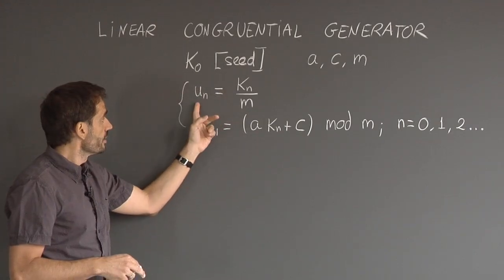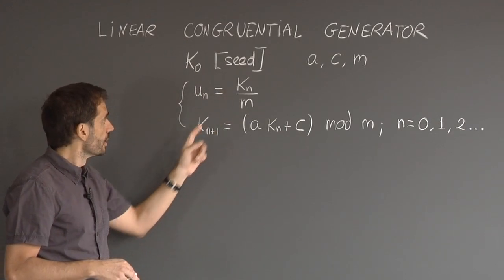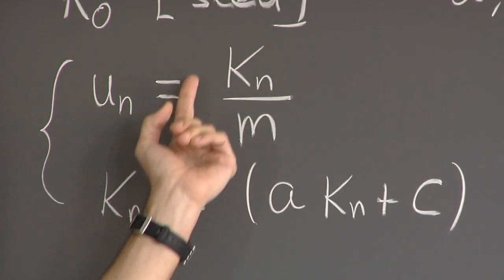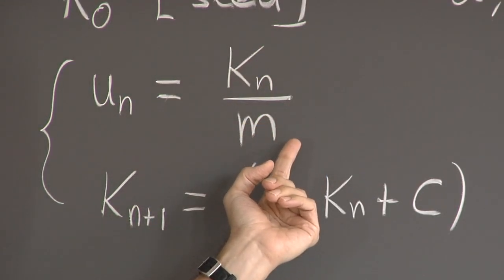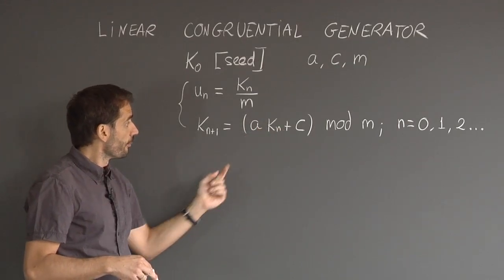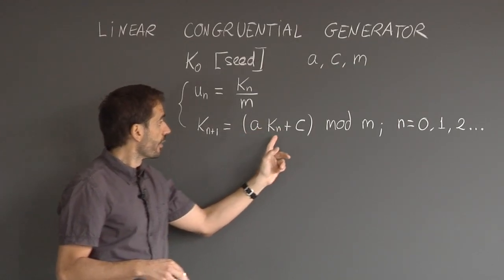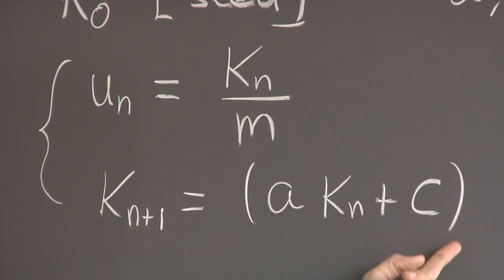The algorithm proceeds as follows. un is going to be a sample from a uniform 0-1 distribution. This is equal to kn over m. Then kn plus 1 can be obtained from kn by multiplying by the factor a, the multiplier, and then adding c, the increment.